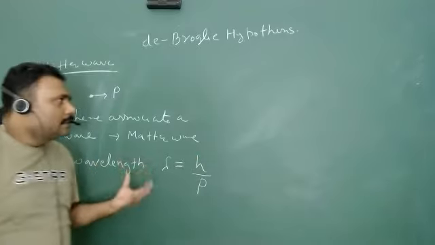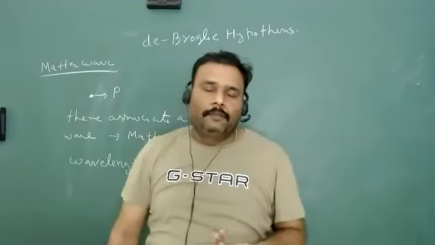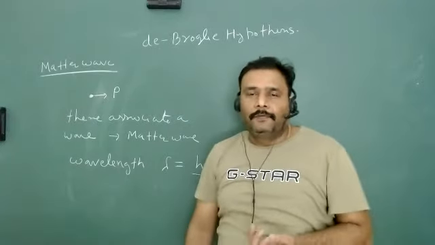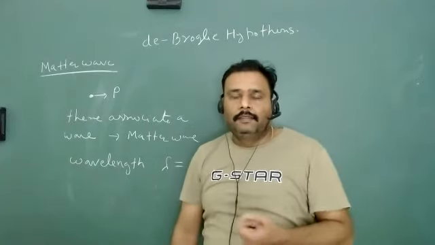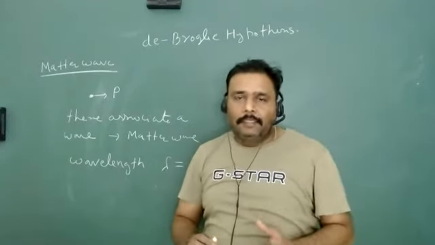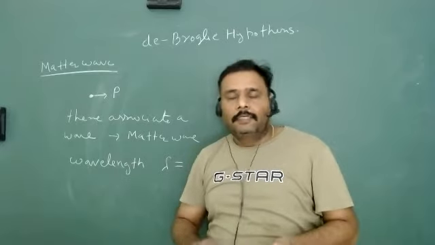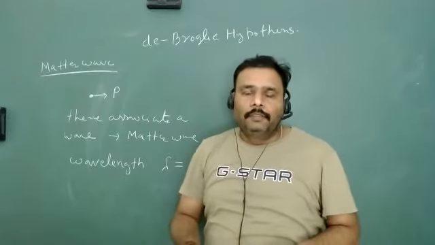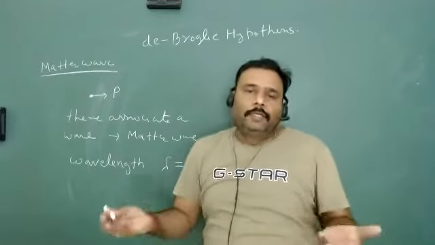So he gave a mind-blowing idea. If a particle is moving, then there is a wave, and this wavelength is inversely proportional to momentum. How he came up with the idea, nobody knows.